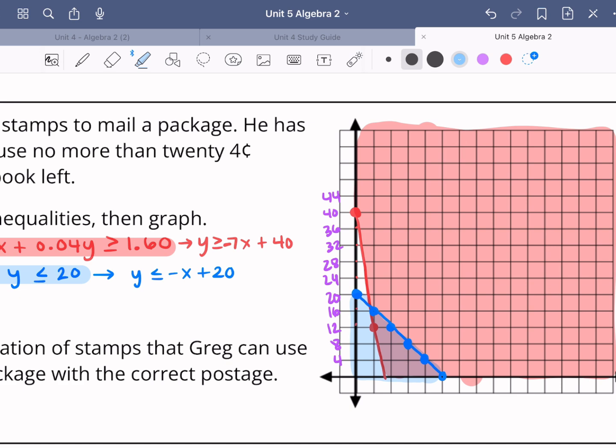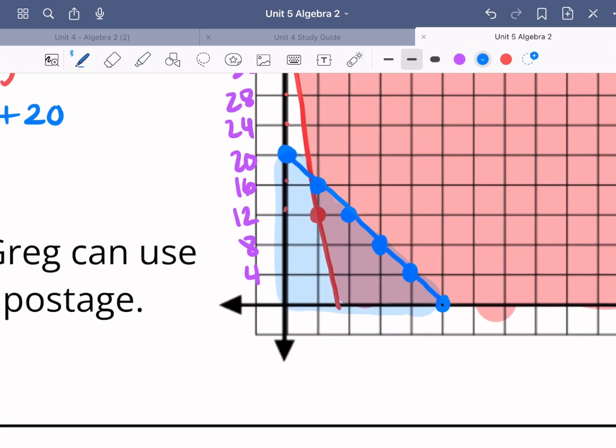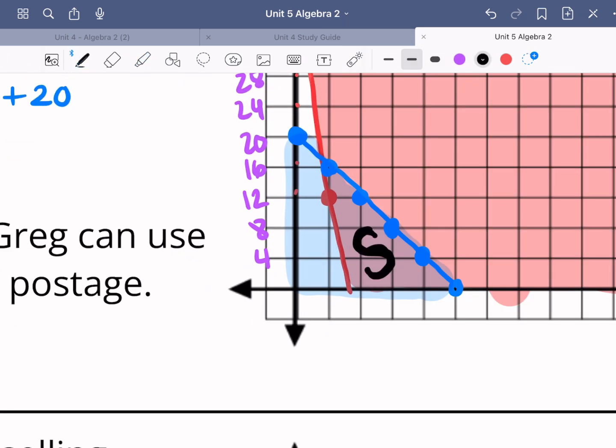So we end up being in this very small region here. And so one possible solution could be, again, we're counting by 4s here, so 4, 8. Maybe I do this point here. That would be at 8, 4.